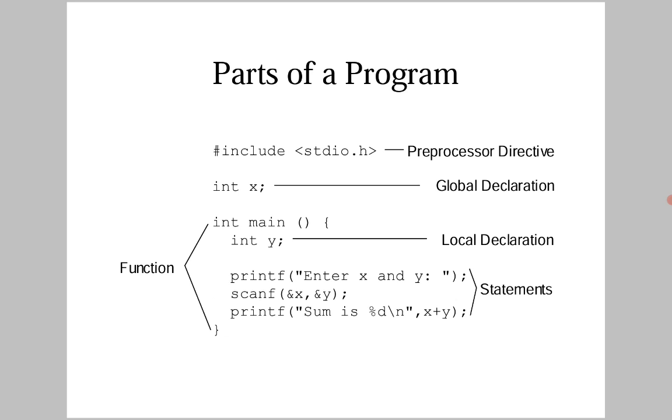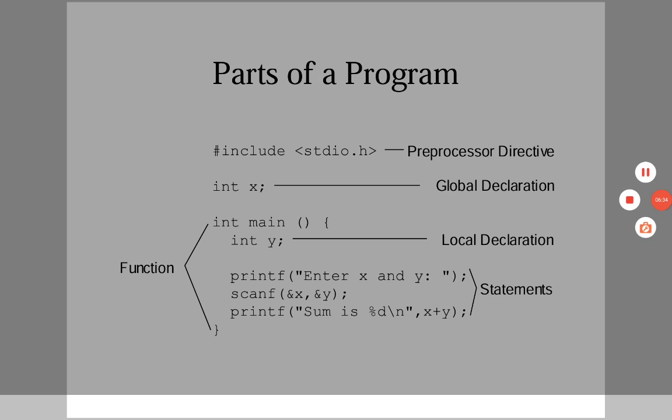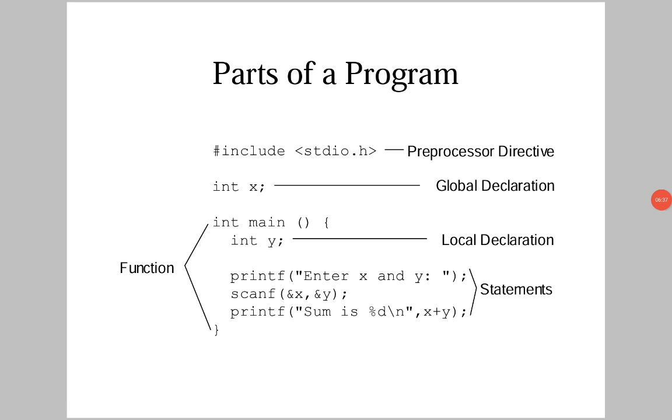What are the different components of a C program? The first line, hash include, is called the preprocessor directive. The second line, int x semicolon, is called the global variable declaration. The next line, int main with two brackets, is called the main function definition.